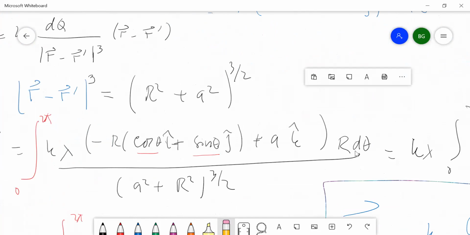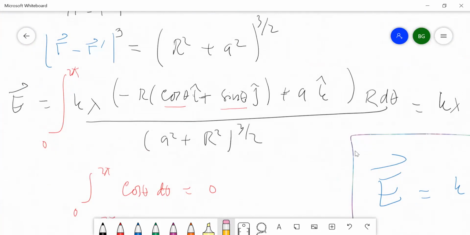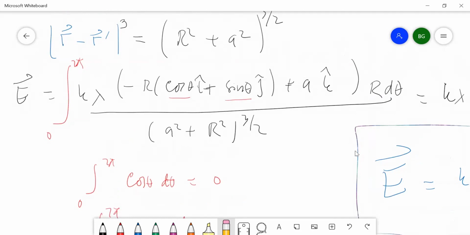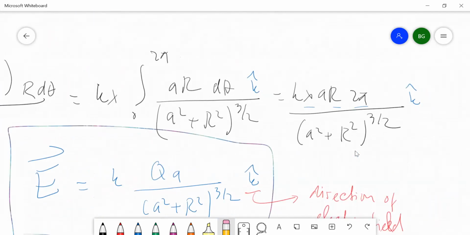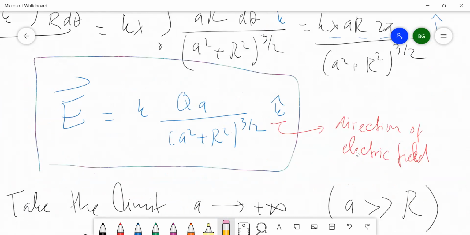Karena di sini pangkat 3, tinggal Anda pangkatkan 3, jadi 3/2. Nah, kalau Anda integrasikan secara total, karena integral 0 sampai 2π cos theta d theta itu 0, dan juga sin theta, maka yang bertahan adalah suku yang ketiga, seperti ini. Di mana E-nya jadi totalnya seperti ini. Dan k topi itu adalah arah dari medan listriknya.